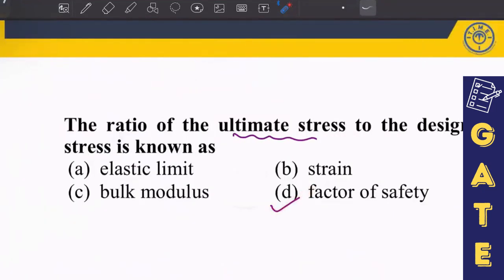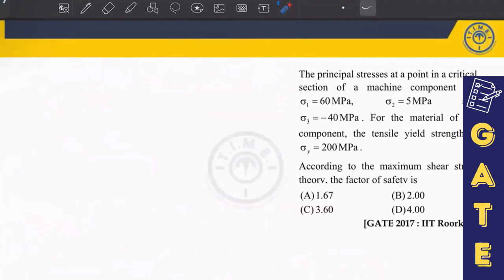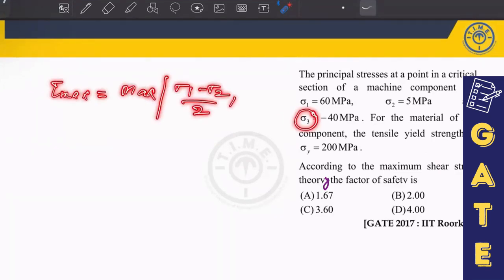Okay. Let's try to solve this problem. This is also a question based on the maximum shear stress theory. Just have a look: sigma 1, sigma 2, sigma 3. Now they have given sigma 3 also. I have told you, whenever you are calculating the absolute tau max, the formula is the maximum value of (sigma 1 minus sigma 2) by 2, (sigma 2 minus sigma 3) by 2, and (sigma 3 minus sigma 1) by 2.